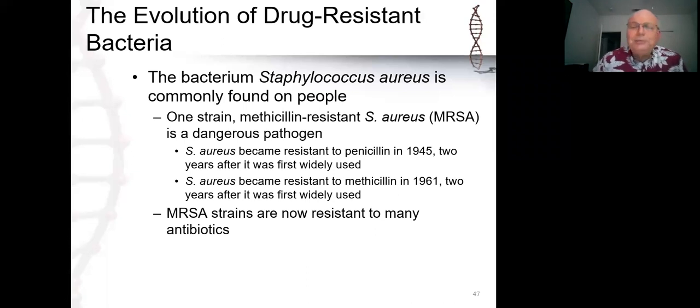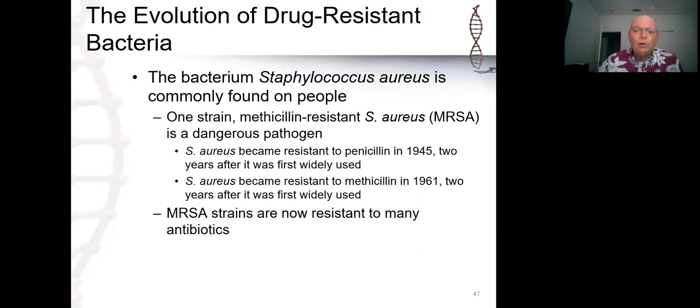The reason why this is such a big deal is because becoming resistant to a single antibiotic, methicillin, means that it has become also resistant to about 5 or 6 other antibiotics. So in fact, what was once known as methicillin-resistant Staph aureus is now known as multiply resistant Staph aureus because it's resistant to multiple antibiotics.